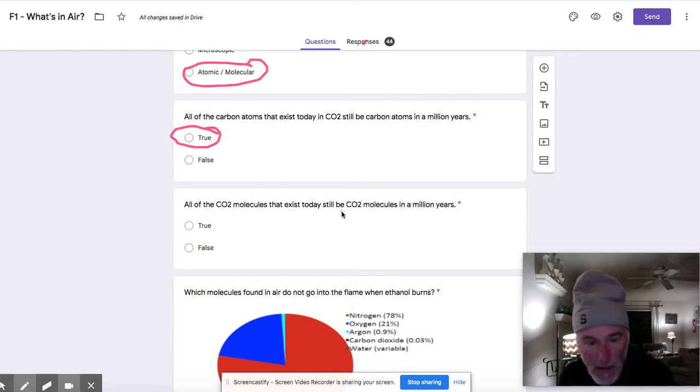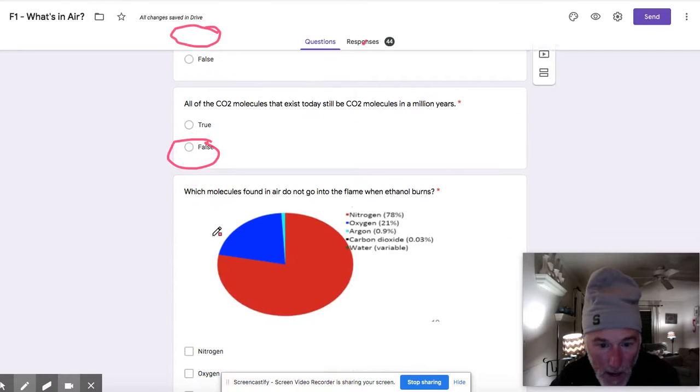There is a very important process on Earth that, if it didn't occur, we probably wouldn't be here. There is a process that actually takes CO2 and changes it into some other molecules. That's something that we'll look at, but think about that. What process is it that would actually change the CO2? There's a good chance that CO2 molecules could change. They're not all going to stay the same in 1 million years. So the answer to this one is false. Molecules can change.